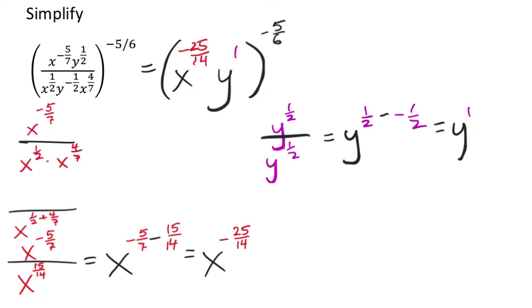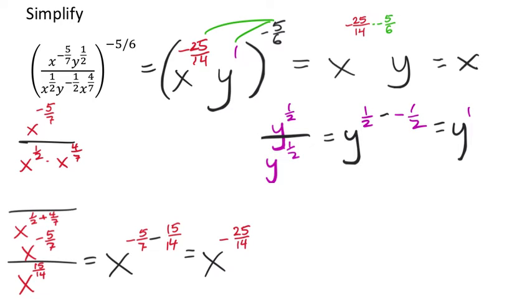So this is what I have. Next up is just a distribution of the negative 5/6 right there, right? Now again, it's going to keep the bases x and y. So that gives us negative 25/14 times negative 5/6, and that will produce a new base x for me.